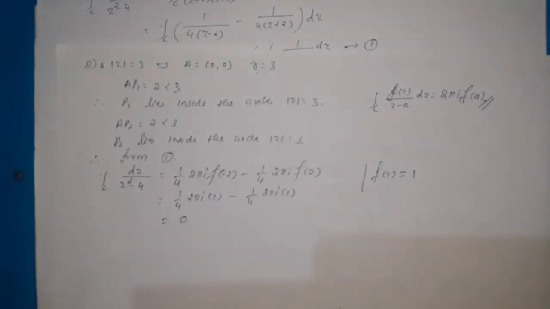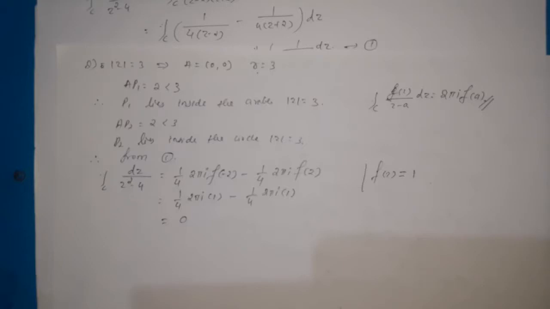So here in this case, even though both the points lie inside the circle, the value of the integral is equal to 0. So here the value of the integral being 0 doesn't imply that the point lies outside the circle. In some cases, even though the point lies inside the circle, we can get the value of the integral as 0.